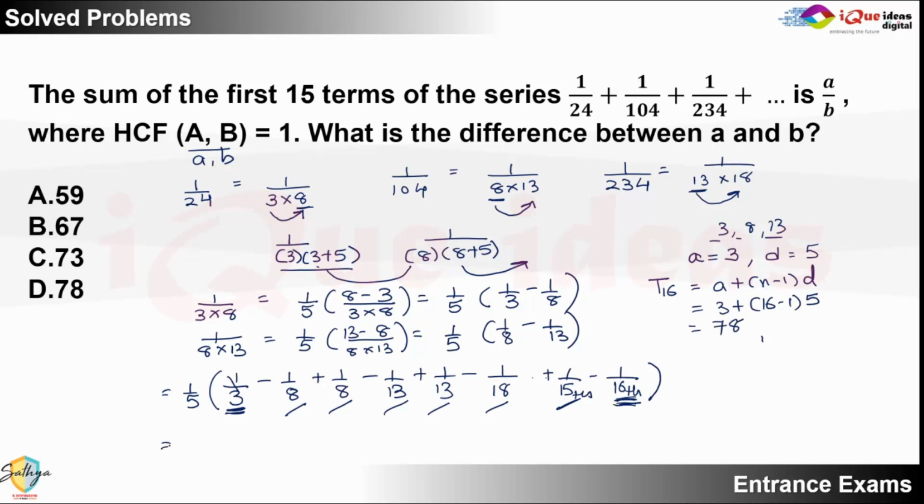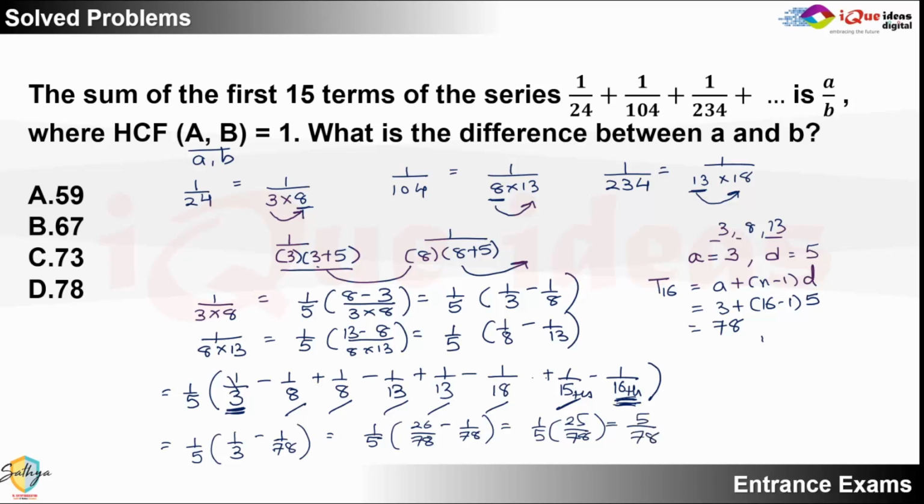So my series is nothing but 1 upon 5 into (1 upon 3 minus 1 upon 78). This can be written as 1 upon 5 into (26 upon 78 minus 1 upon 78), which is equal to 1 upon 5 into 25 upon 78, which is nothing but 5 upon 78.